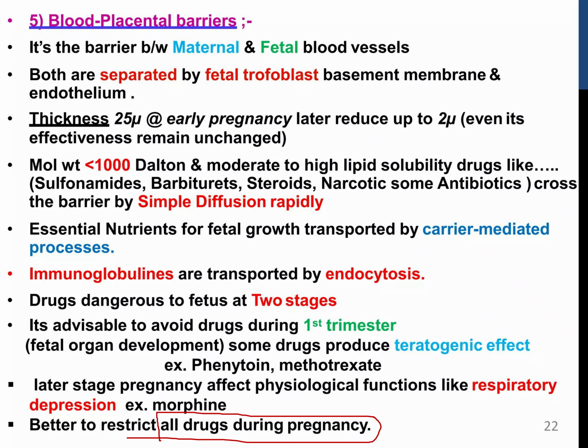It is advisable for women not to take any drug during pregnancy, because any drug having molecular weight less than 1000 will ultimately travel by simple diffusion. So it is better not to take any drug during this period because overall the drug will cross this membrane barrier and ultimately go to the fetus.